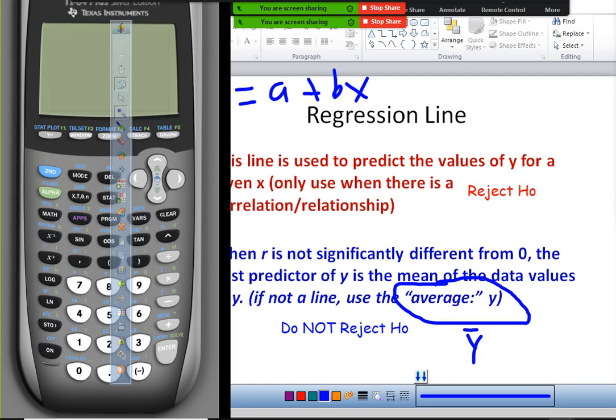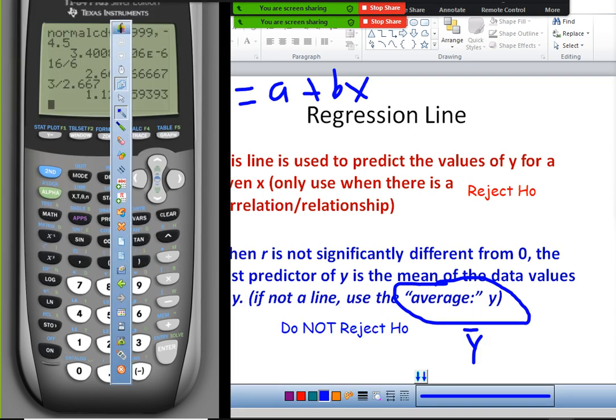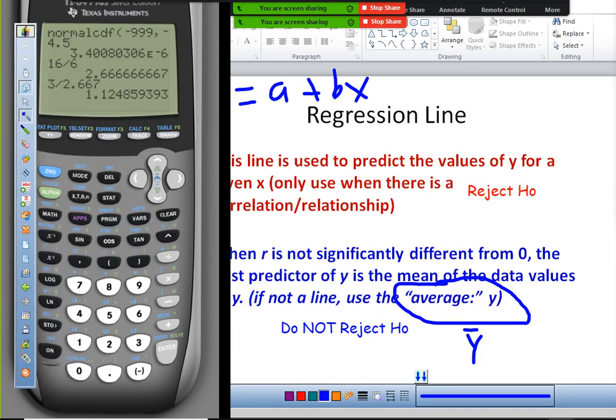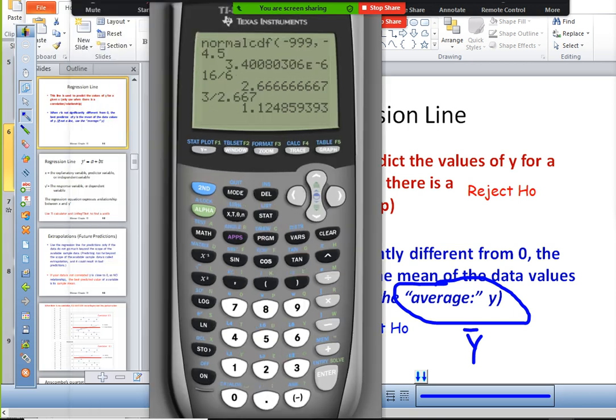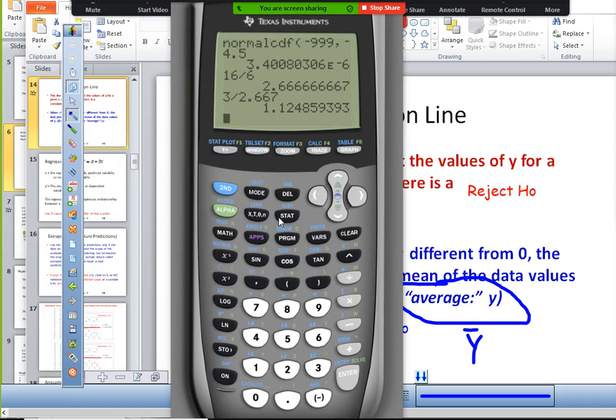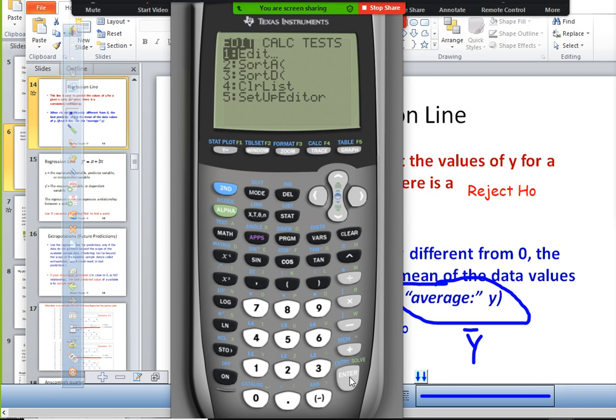So how do you do that again? You put data into X and Y. So stat, edit. And then here you have some X's and Y's.